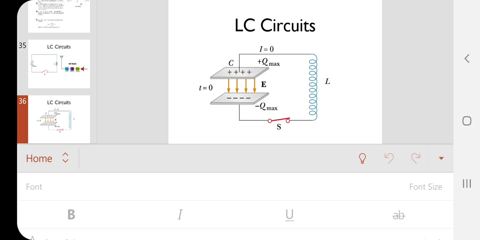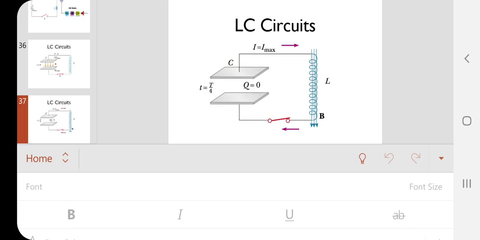Like you say, this is the LC network. How the connection will be there, you already know: this is the capacitance, with the positive plate on one side and the negative plate on the other. You say minus Q and plus Q max, and at the time t equal to 0, I is equal to 0. If you take the inductance, you already know this LC circuit is called the tuned circuit.